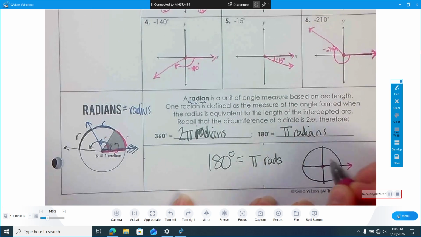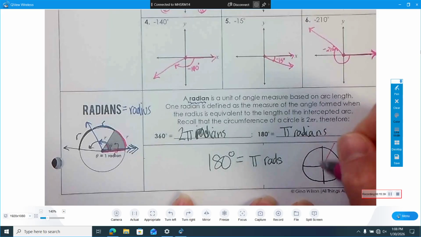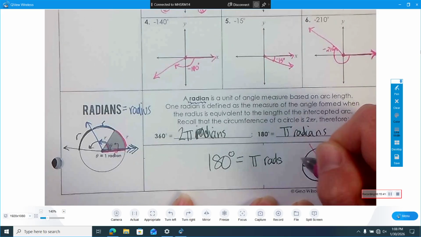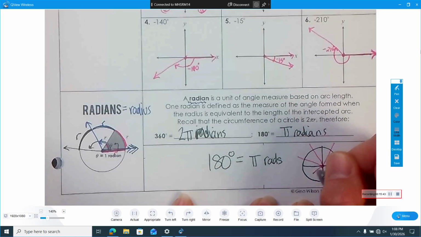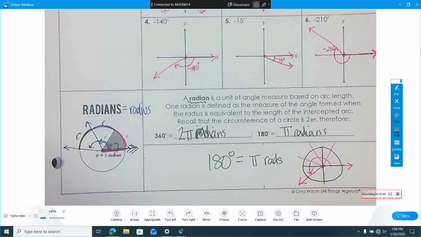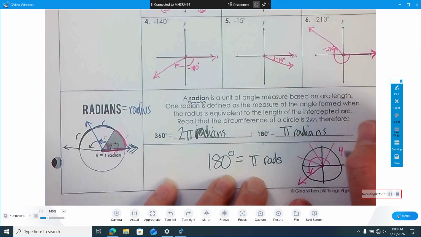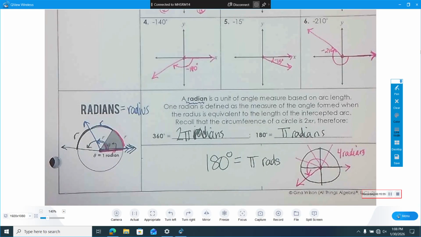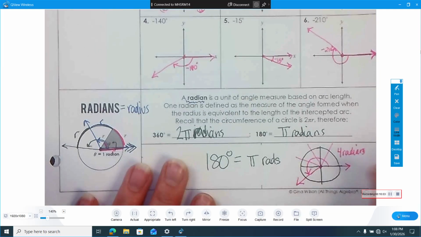Yeah, third quadrant. Good. So we got like 1 radian, about 2 radians, 3 radians, and 4 would be about there. So right about here is your 4 radians for your angle measure, which is kind of interesting. Where would 5 end? One more quadrant, yeah, 4th quadrant. Good, good, good. Okay. Great.